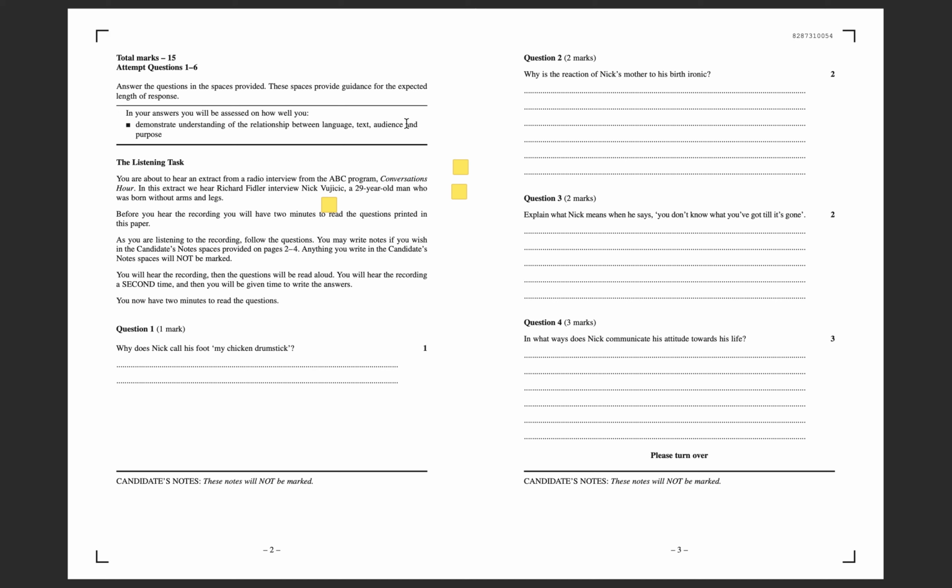When you look at a question, you need to think about, what is it asking you to do? Is it asking you to explain? Is it asking you what? And a what question is usually identified unless it says, what does it mean when he says? But usually the question will be more specific and say explain instead of what does it mean. So you look at the instruction, the what, the why, the explain, the how. That's the instruction of the question.